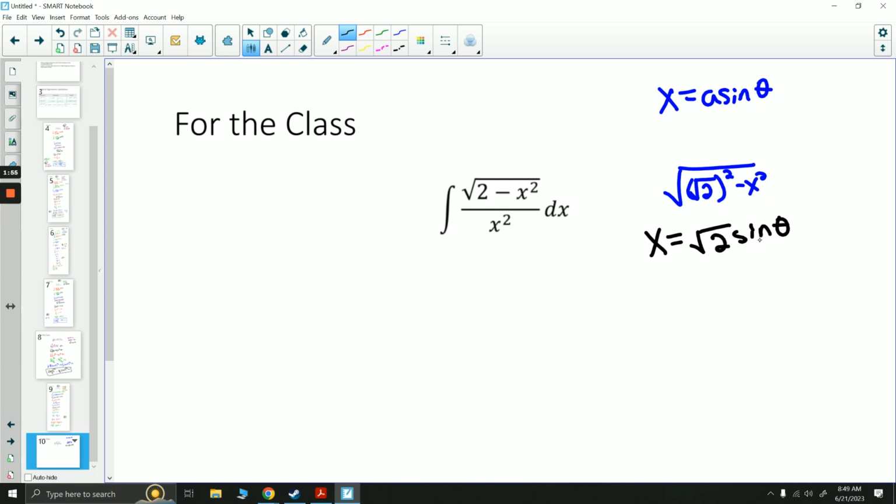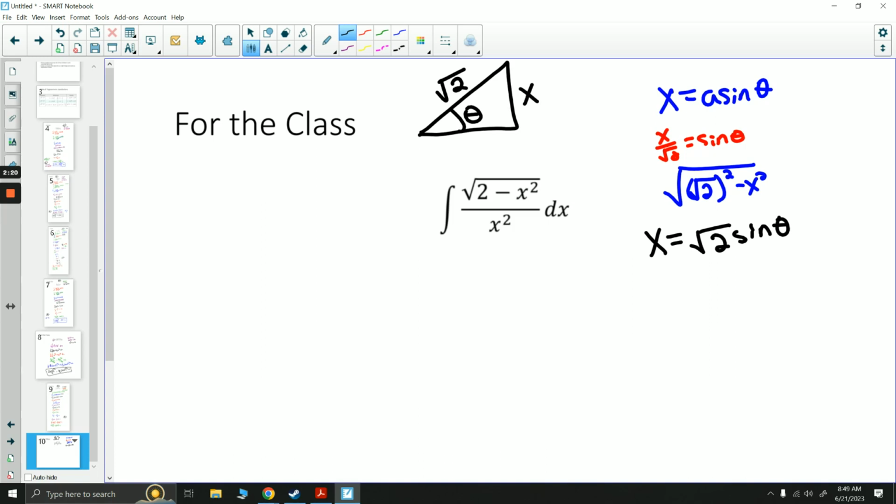So for our triangle, I'm going to solve for sine theta real fast. That means x over the square root of 2 is our sine theta. That's going to help me draw my triangle. Let me draw it real fast, theta. Sine is opposite over hypotenuse, so that would be x as the opposite and the square root of 2 as our hypotenuse.